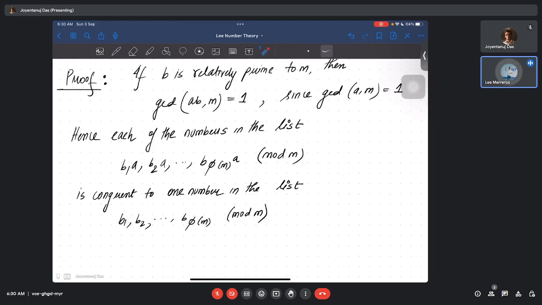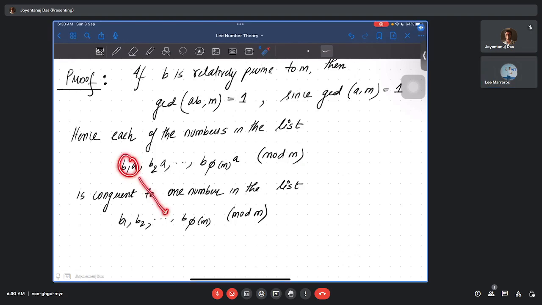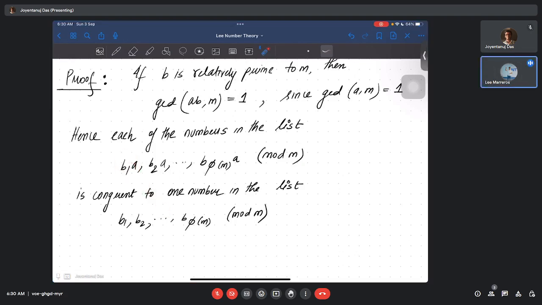So B1A can be compared with B1, but not exactly. It can be something else. B1 can be compared with, suppose, B3. That we don't know. The order can be different. We said they are the same, but now we are saying they are congruent.